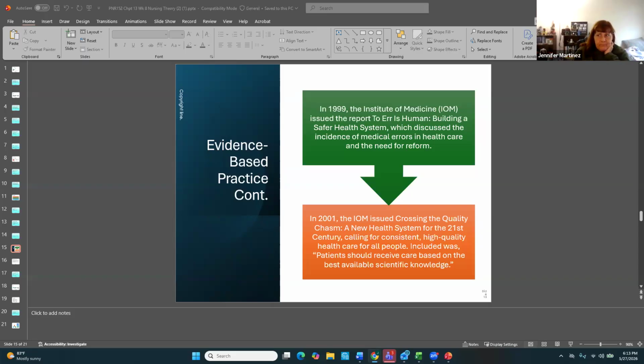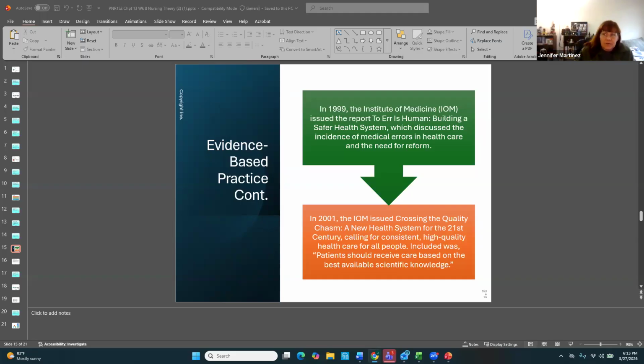There have been others. We've had people that have had unnecessary surgeries. There's still mix-ups with patients and not having the correct surgeries.